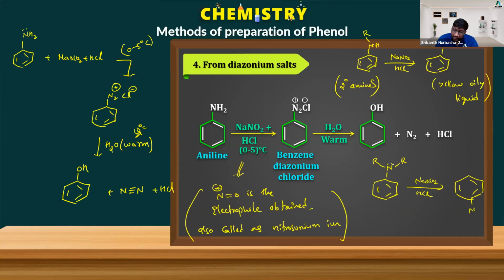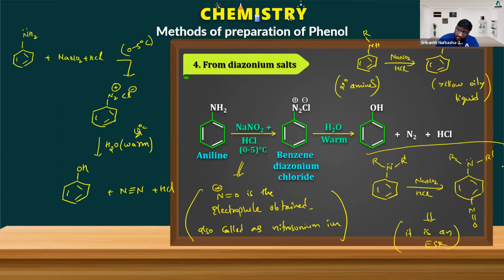Ortho para directing group, right? The lone pair of electrons on nitrogen is an electron donating group, which is ortho para directing. At the ortho position, if you do the substitution, steric repulsions are more. So on the para position, you have substitution of NO, and NRR' will be as it is. This is an example of an electrophilic substitution reaction.